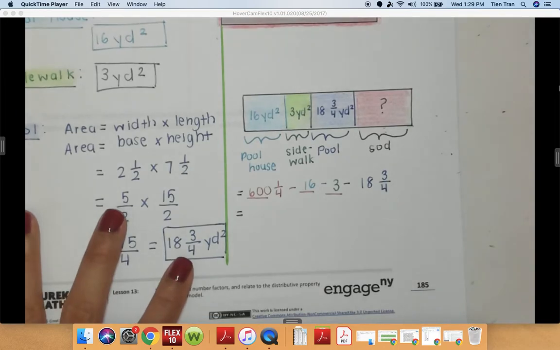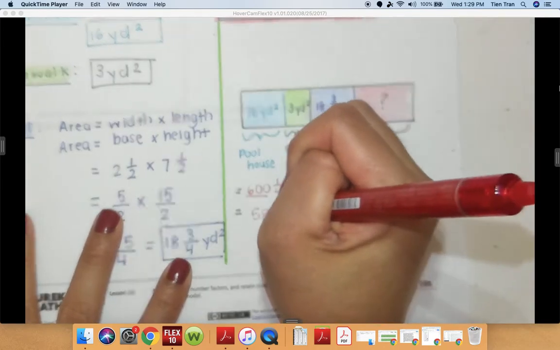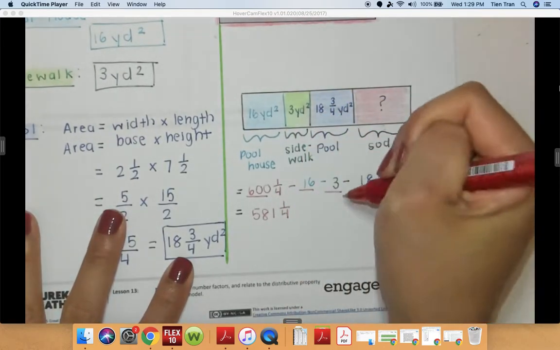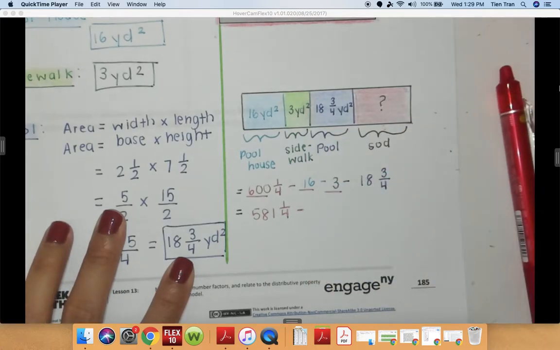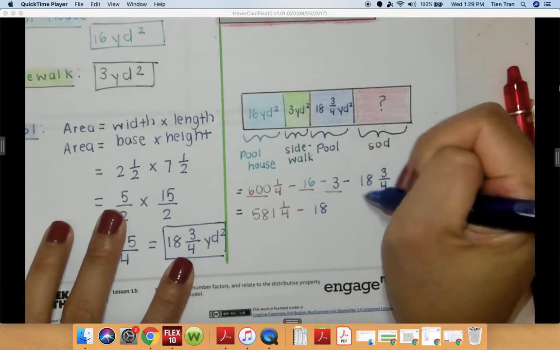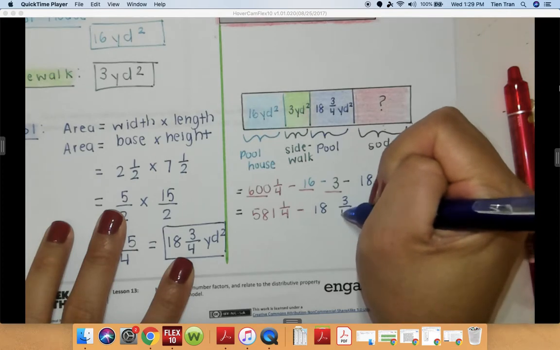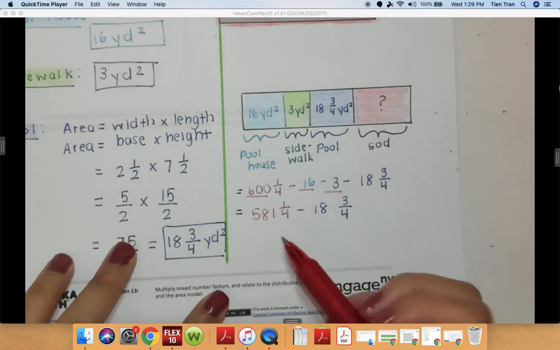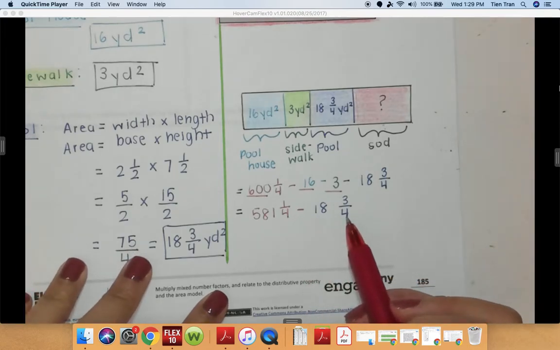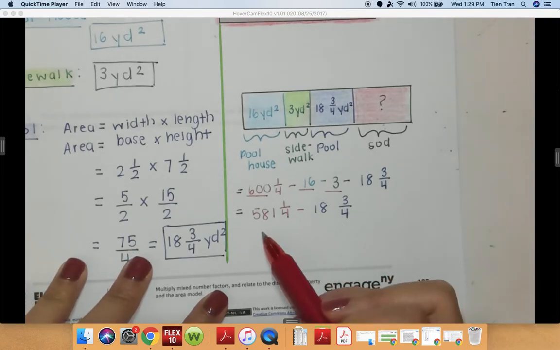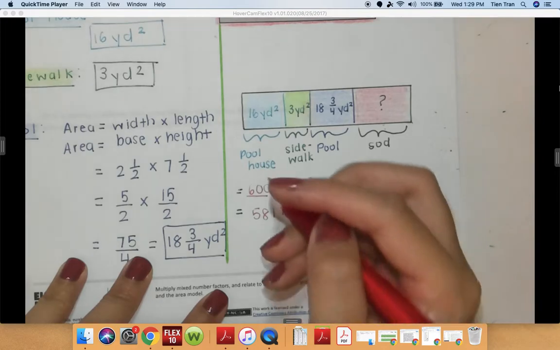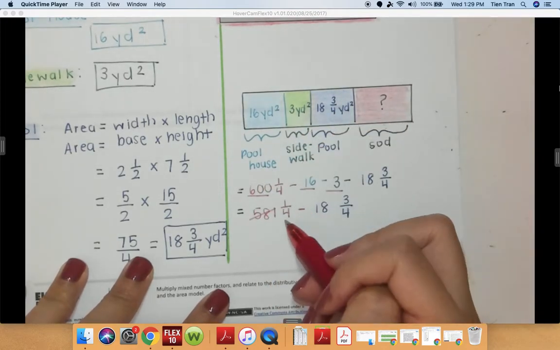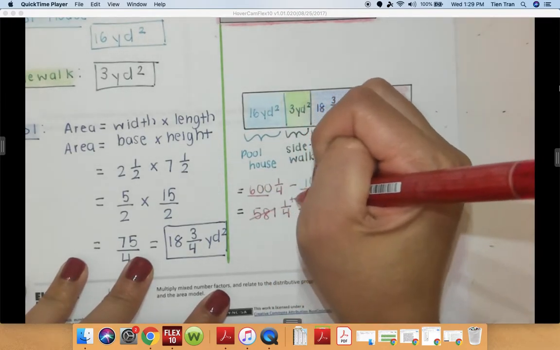So I'm going to write that down. I have 581 1/4 yards minus 18 and 3/4 yards because I need to still subtract the pool. I'm noticing that 1/4 cannot be subtracted by 3/4, so I'm going to borrow from my whole number. And when I borrow from my whole number, it means that I'm adding 4.